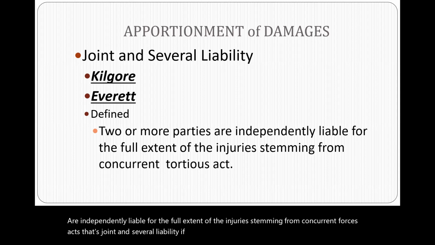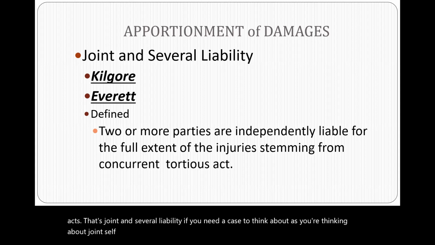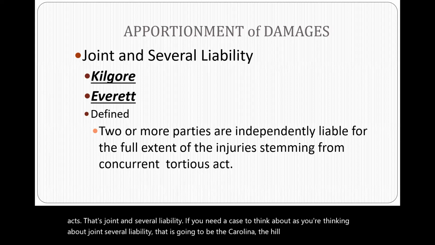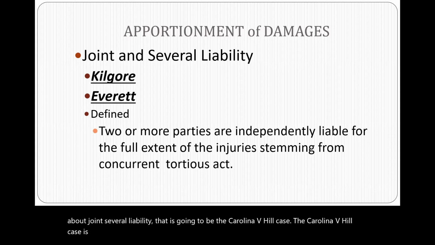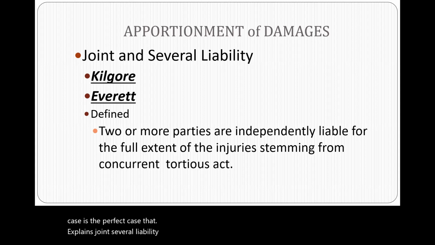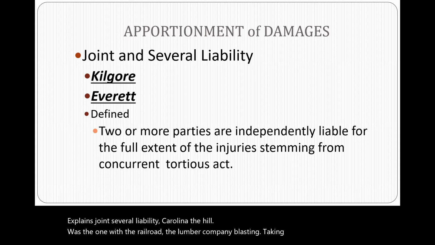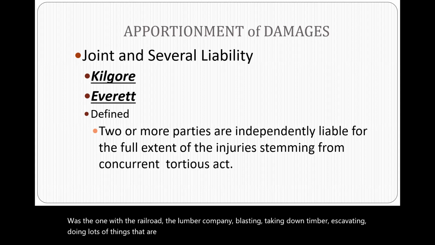If you need a case to think about as you're thinking about joint and several liability, that is going to be the Carolina v. Hill case. The Carolina v. Hill case is the perfect case that explains joint and several liability. Carolina v. Hill was the one with the railroad, the lumber company, blasting, taking down timber, excavating, doing lots of things that are destroying this family farm for all intents and purposes.